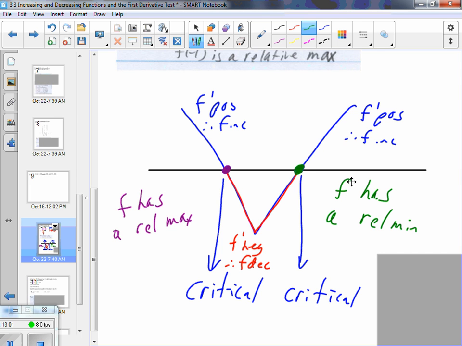Could I make a rough sketch of f from this information? I can. Okay. Now, it's going to be rough, but let's see, I'll use black. F is increasing, and then it's decreasing, and then it's increasing.